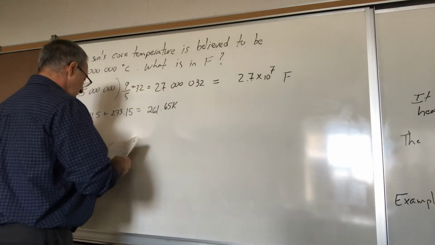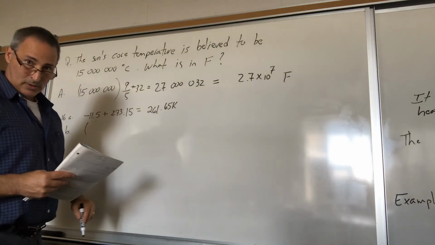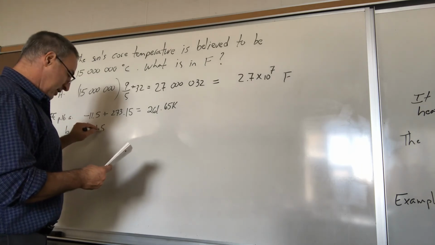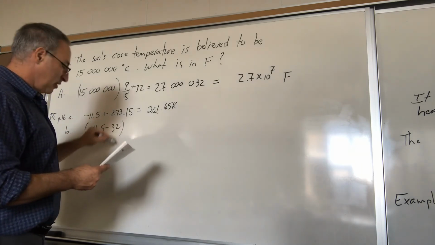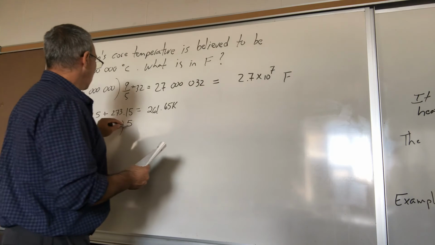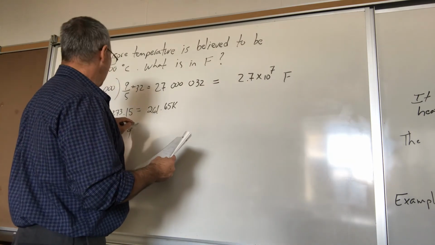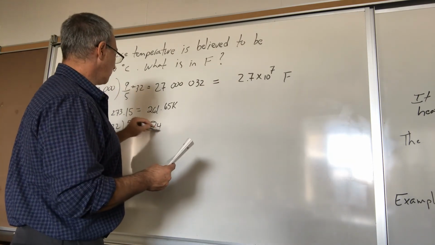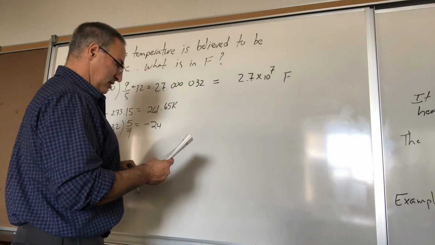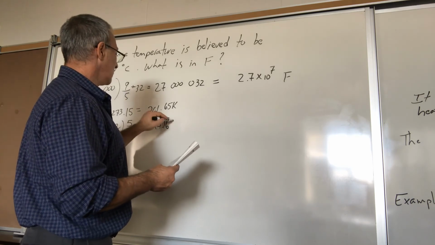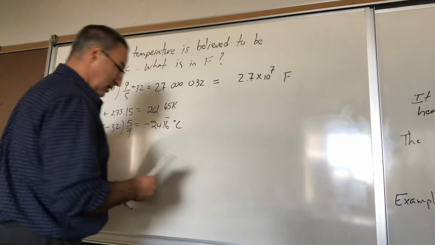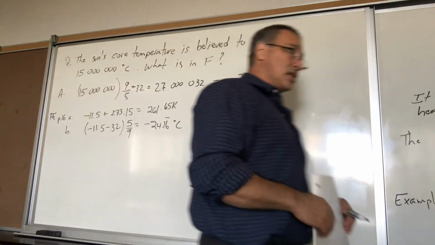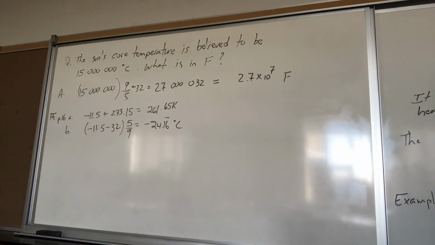If you take that 11.5, negative that is, and you subtract 32 from it, multiply by 5/9, you find out that it's a negative 24 degrees Celsius. The interesting thing about the Celsius and the Fahrenheit scale is they meet at minus 40.